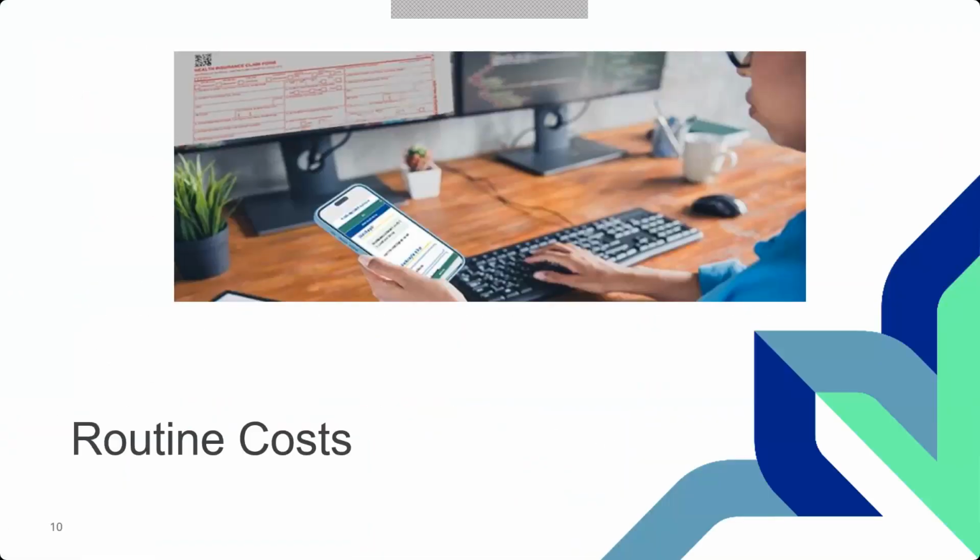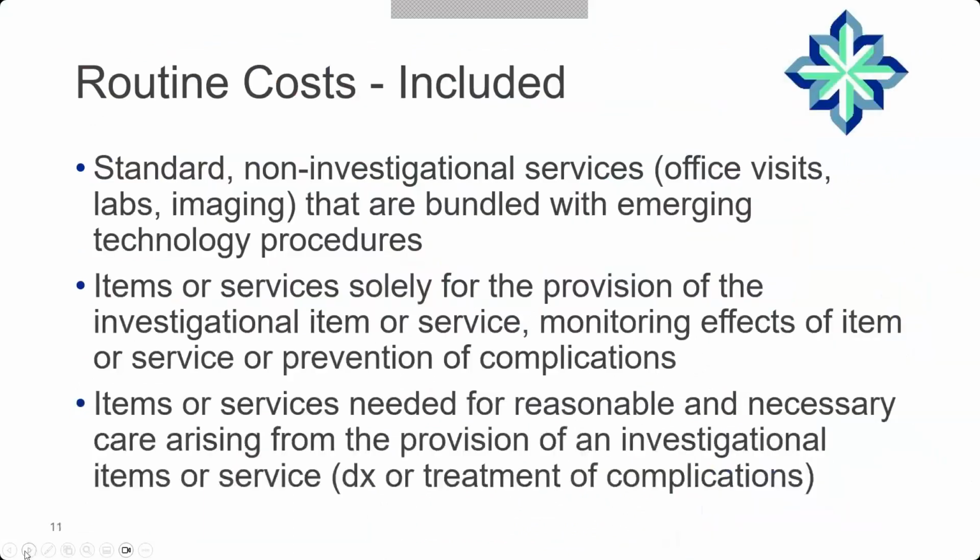and move on. And we're going to talk about routine costs associated with these codes. So routine costs in Category 3, or T codes, refer to standard non-investigational services like office visits or labs or imaging that are bundled with those emerging technologies or procedures for tracking codes, but these are specific to the T code services themselves.